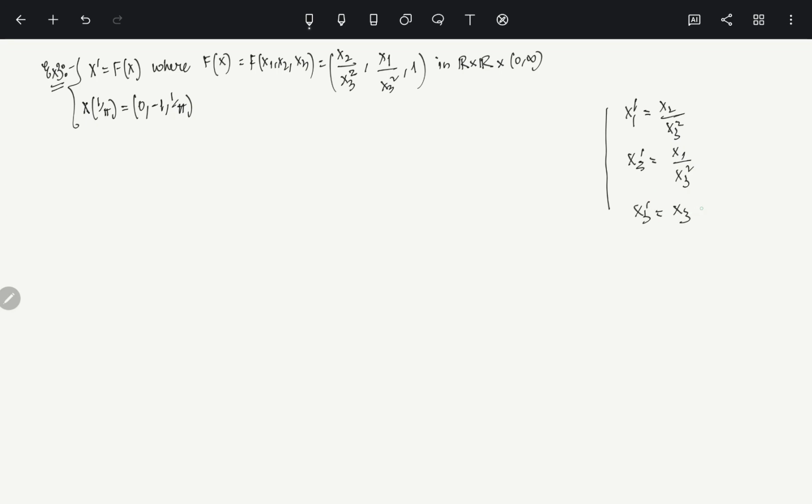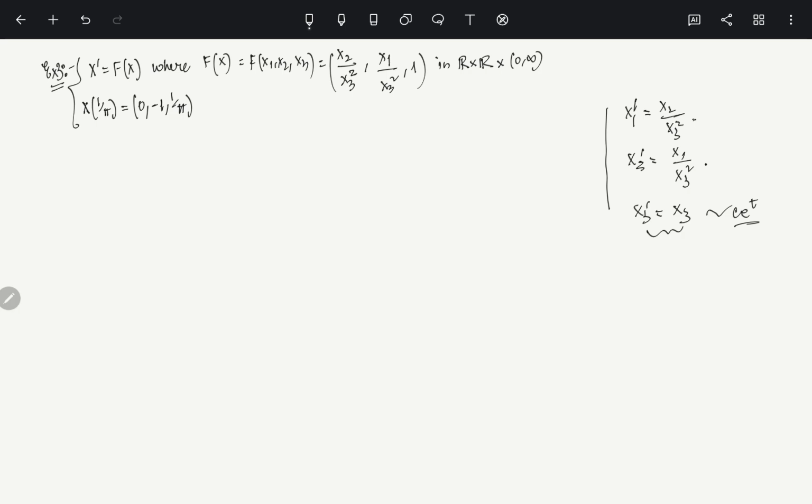Clear? So from here you can actually calculate what x3 is. Now you put these values here and try to solve this problem. Then it's basically a linear system. Yes, of course it's a non-autonomous linear system, but it's a linear system which actually can be solved. It's not a very difficult thing to look at that problem. Okay, so please do that part.